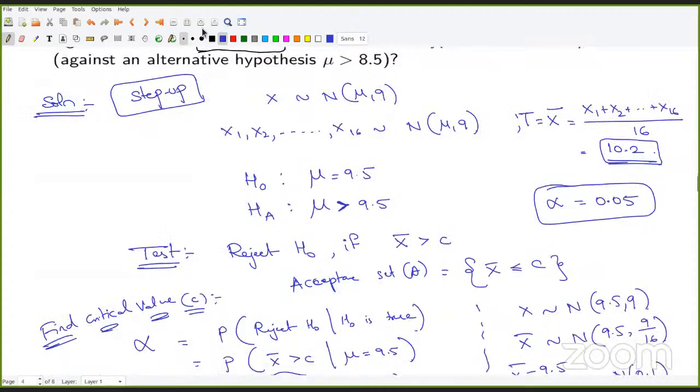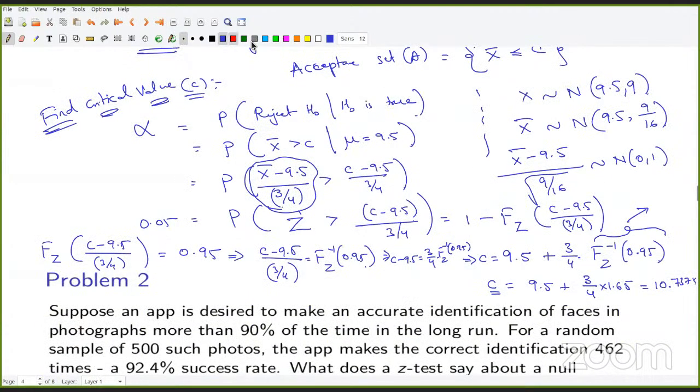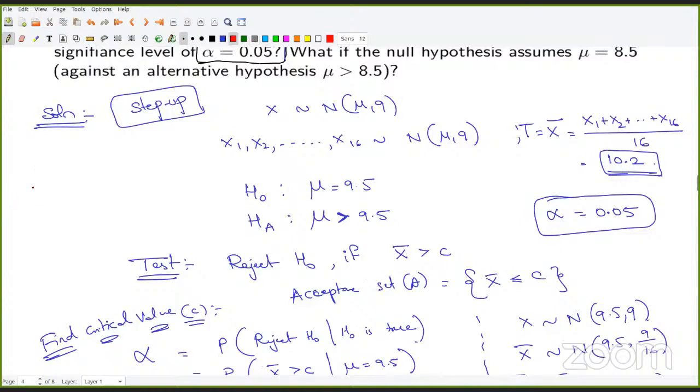So for comparison, we have the test statistic value x bar as 10.2, and on the other side we have the critical value, which we got as 10.7375.